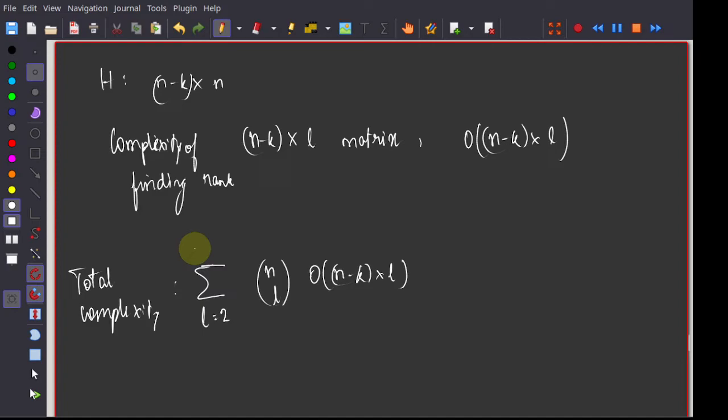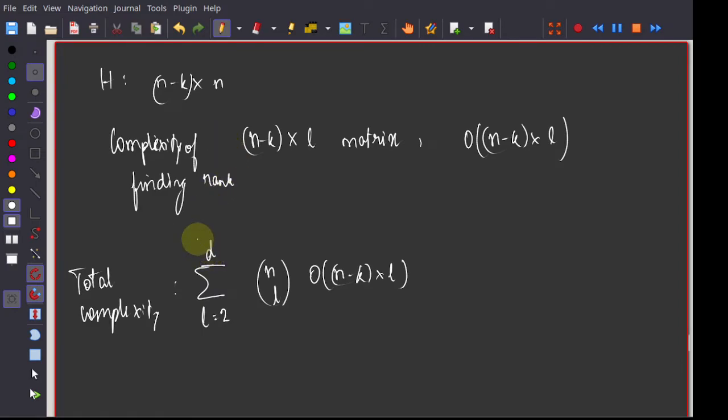So d minus 1 are going to be linearly independent, but then I don't know whether to stop at that point, right? Exactly, we don't know. So I have to go up to d, because d is going to be the point where I'll find some set of columns which are linearly dependent. So I'll have to go from L equal to 2 up to d.